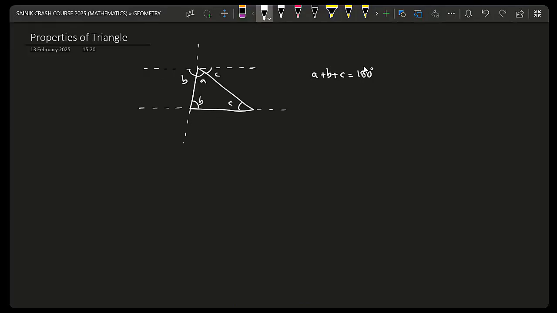So based on this, what is this property called? Angle sum property. Based on this angle sum property, in the previous year papers you have many questions formed on this single property. So let's solve the questions based on the angle sum property of a triangle.